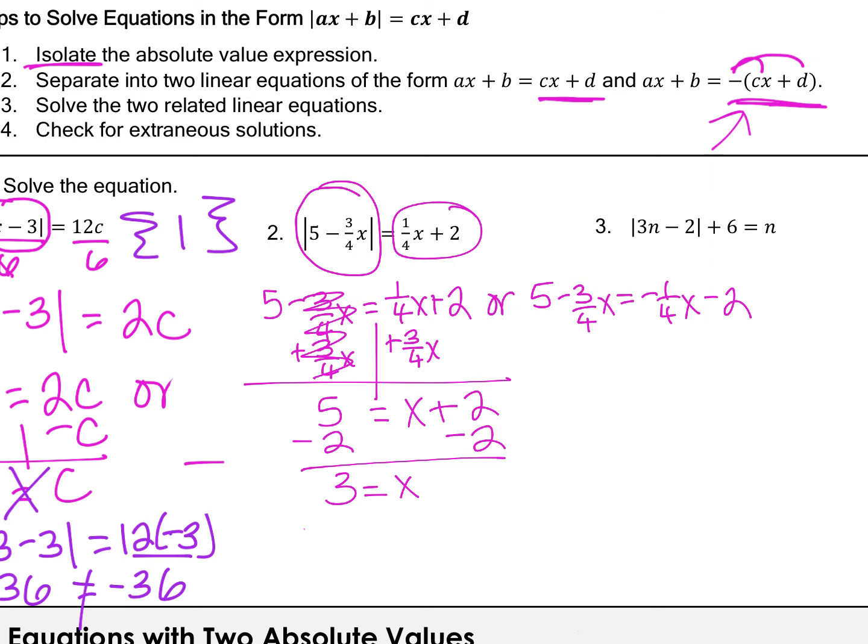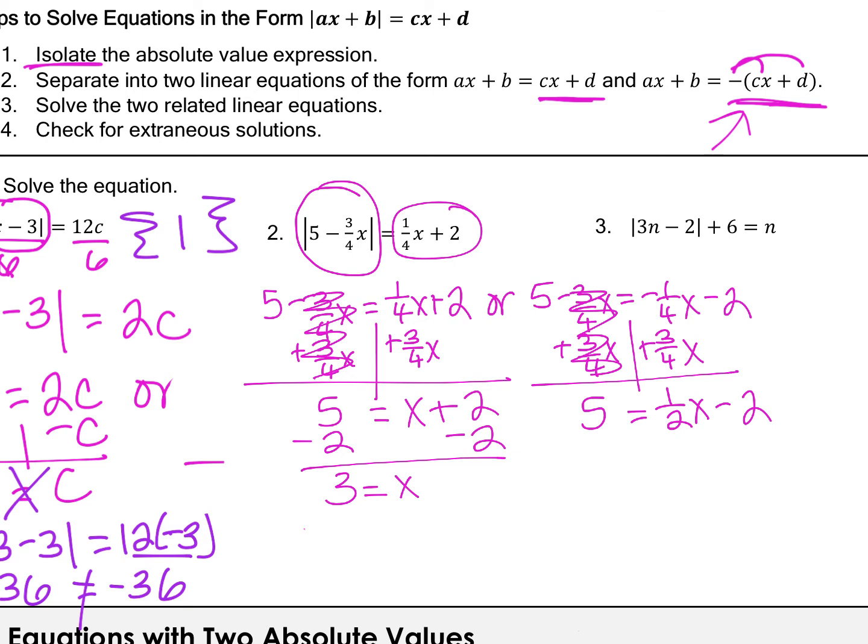Okay, so the other one, solve it separately. So I'm going to go ahead and just add 3/4 x. Again, it doesn't matter which side you move it to. So adding your numerators, negative 1 plus 3 is 2, divided by 4, which is 1/2 x, and then minus 2.